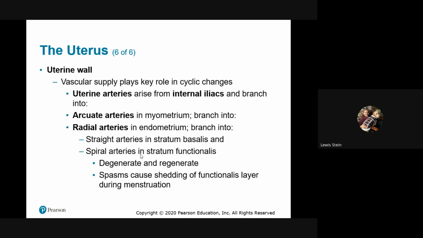Once that stops, those spiral arteries spasm. When they spasm, it separates the two layers. Fluid collects between them. When you have an artery that goes into spasm, it builds up a pressure head. When the spasm eventually releases, that built up arterial blood pressure pushes and literally causes the layer to shed. That's what happens with menstruation. Menstruation is mostly tissue and tissue fluid and a little bit of blood. Less blood than you think. People need to understand that because of what it is.